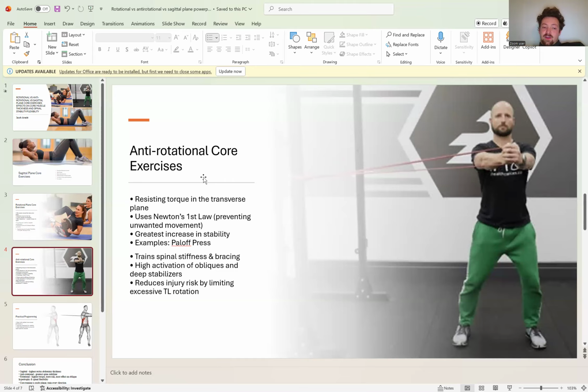So, anti-rotational core exercises train spinal stiffness and bracing. Anytime you're trying to stay stable, you have to keep that brace because, as everyone knows, if you lose your brace when something's trying to pull you, that is where the injury can come, right?